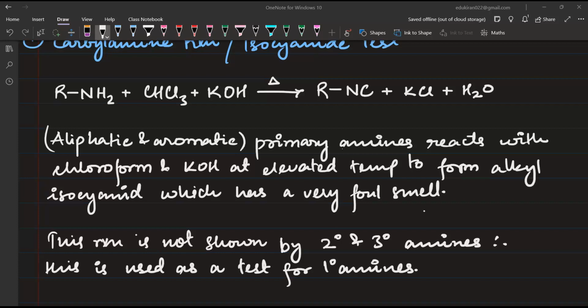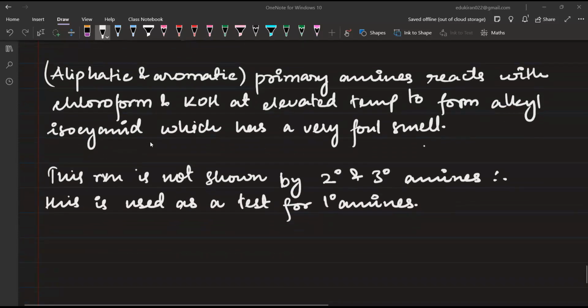Raise your hand once you're done writing. So if they ask you some question, how will you distinguish between CH3NH2 and (CH3)2NH? Then what you can use?